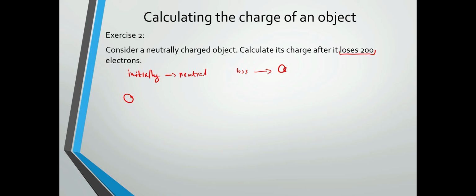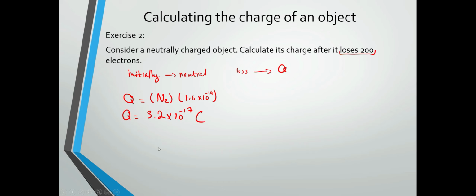So Q is equal to the number of electrons multiplied by 1.6 times 10 to the power of negative 19 coulombs. So Q is equal to 3.2 times 10 to the power of negative 17 coulombs.